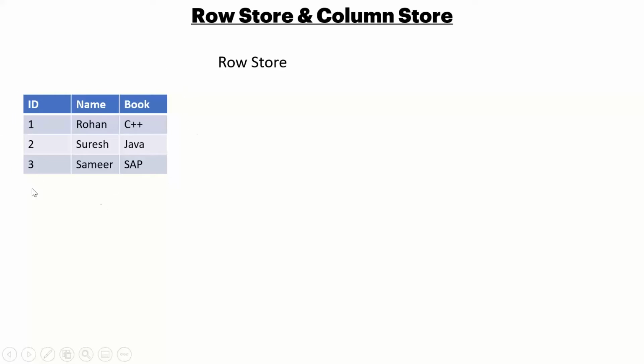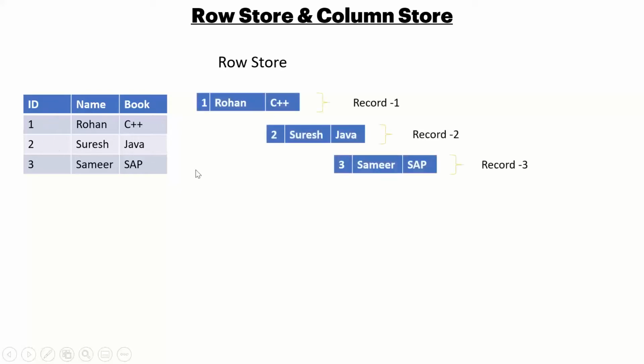When you display the data, you always look at it in a spreadsheet. But this is not exactly how it is saved on the database. The database will require a lot of memory to save this spreadsheet as is. So what the database does is it converts the spreadsheet into records. So in a row store mechanism, each of the rows becomes one record, like this.